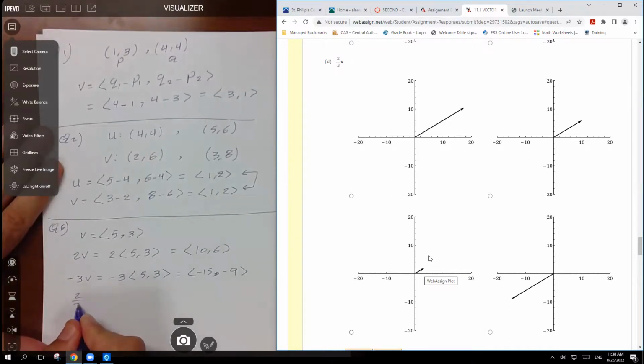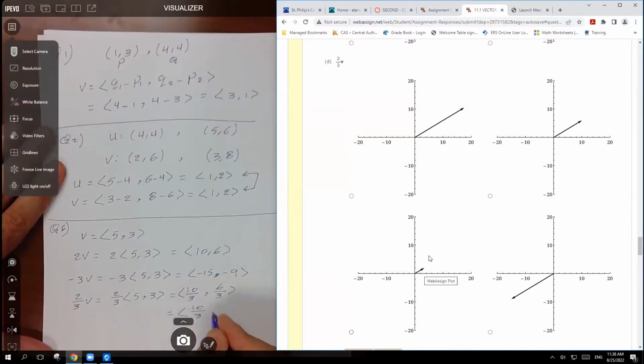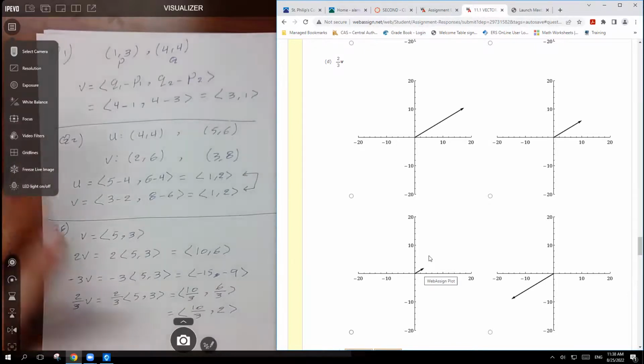So 2/3 times v, 2/3 with 5 and 3, is going to be 10/3 and 6/3. That means 10/3 and 2. 10/3 is going to be 3 point what? 3.3. Yeah, 3.3, okay? And 2.